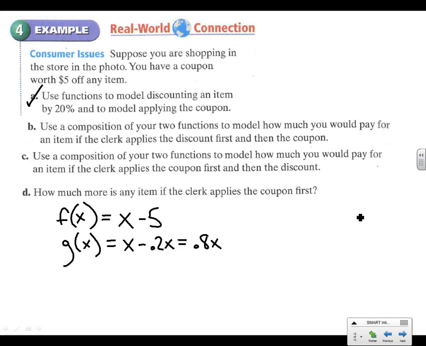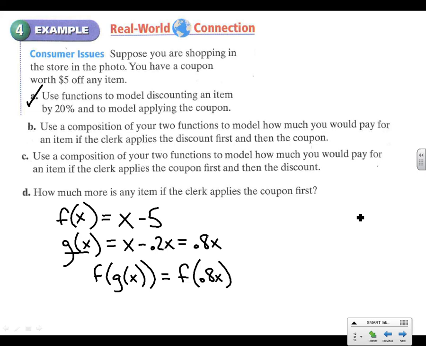Let's do a composite to figure out how much we would pay if the clerk applies the discount first and then the coupon. The discount is g of x, so that goes first, and then the coupon. So it's f of g of x, and g of x is 0.8x.